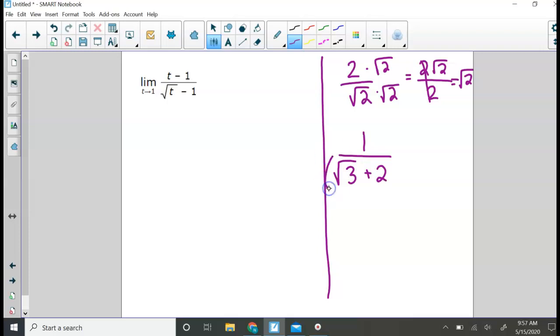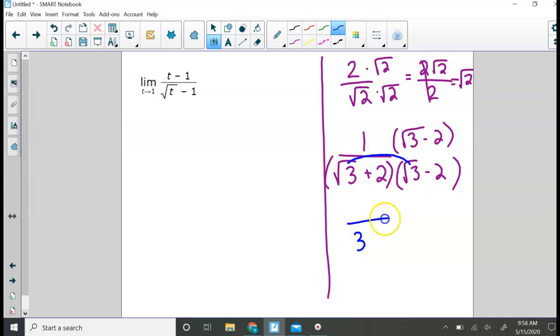And so the conjugate would be, we would just change this plus right here in the middle to a minus. So we would have square root of 3 minus 2. And we'd have to multiply on top and bottom by that. And here's the reason that that works. Square root of 3 times square root of 3 is just 3. So this is the denominator.